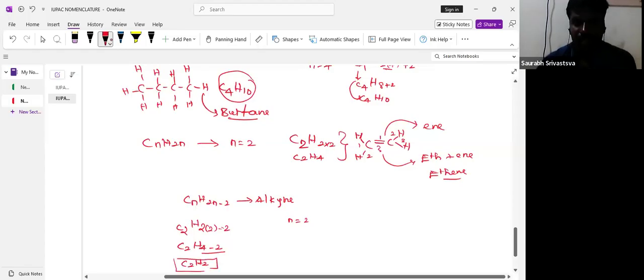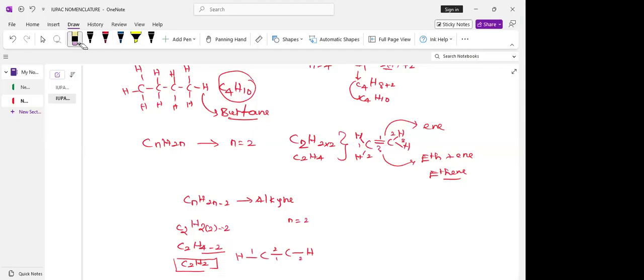Now, what will you write for this formula? First carbon, second carbon. This carbon has one hydrogen, and here another hydrogen. Now carbon valency 1 and 2 completed here, and here also. How many valencies does carbon have? 4, correct? Then what should we do?